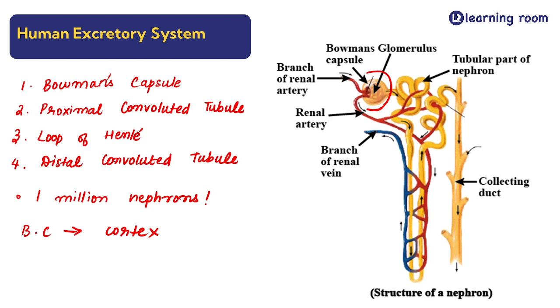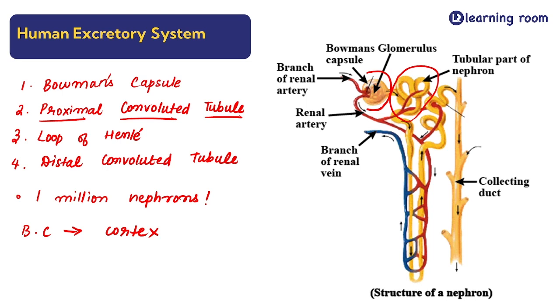So, the convoluted part of this tubule, right here, is what we call as the proximal convoluted tubule. As it stretches into the medulla, it straightens out and then it makes a U turn back into the cortex.